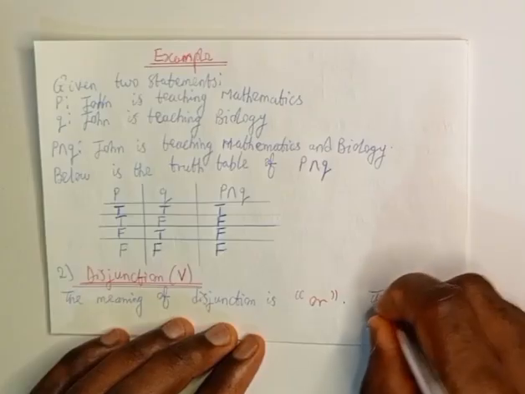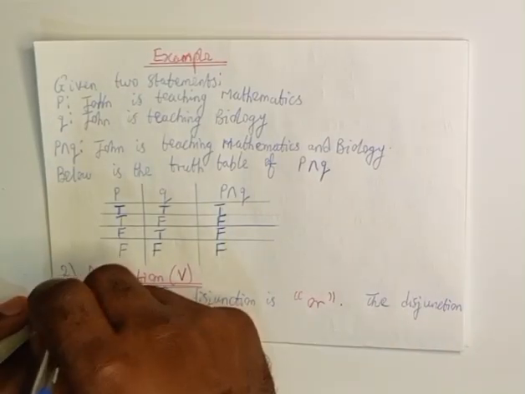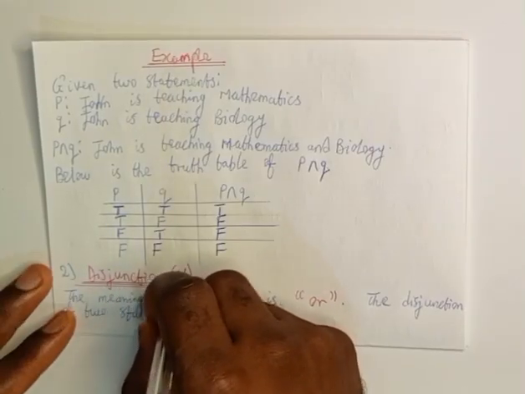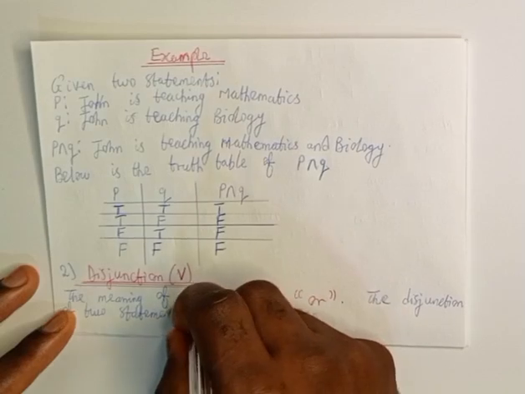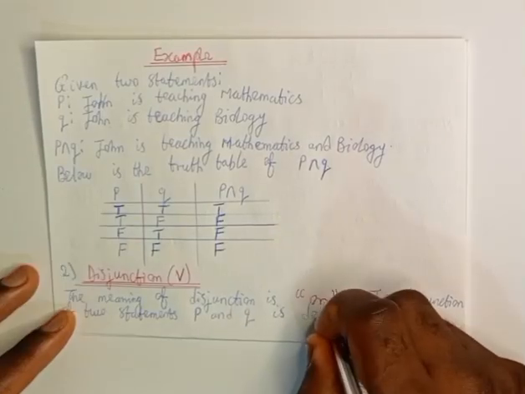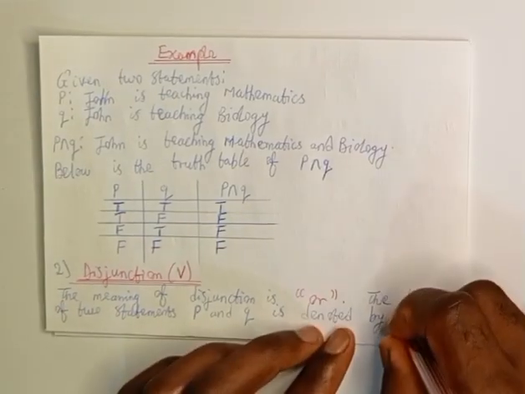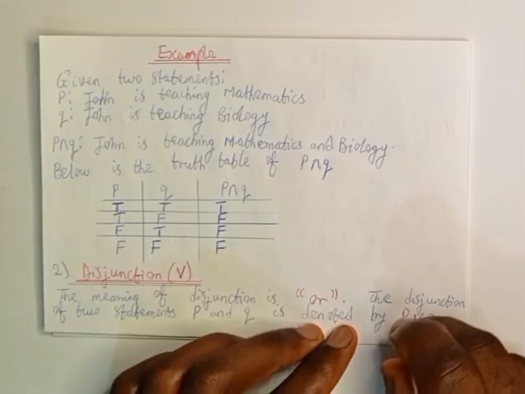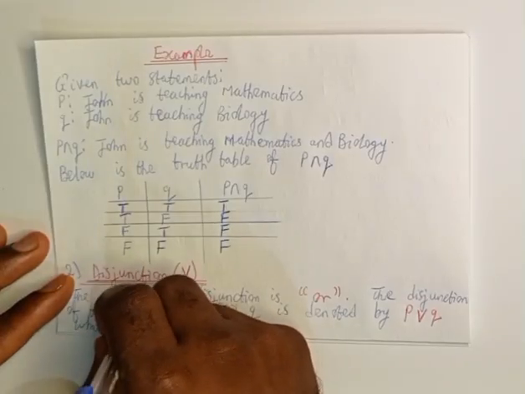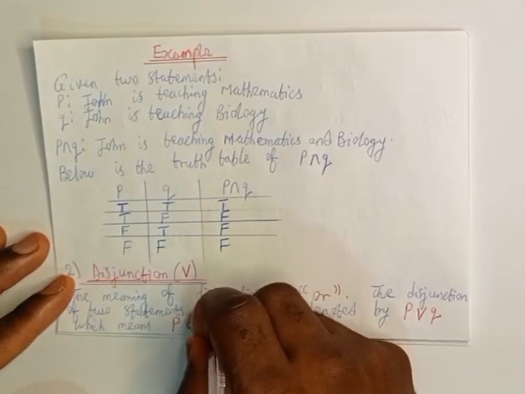The disjunction of two statements P and Q is denoted by P, the V like this, Q, which means P or Q. That's what it means.